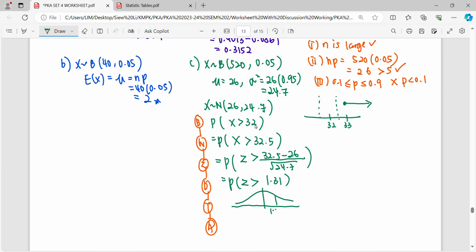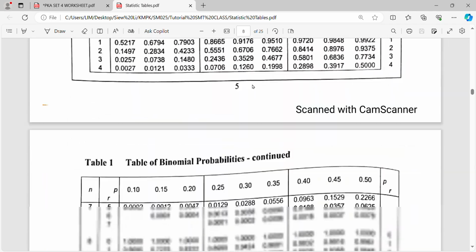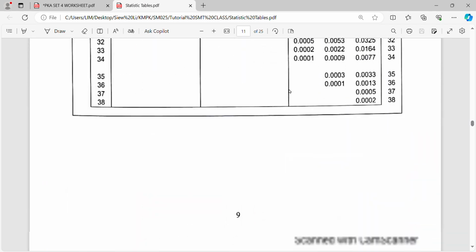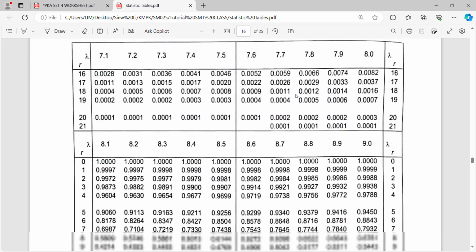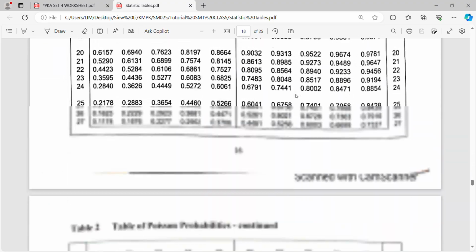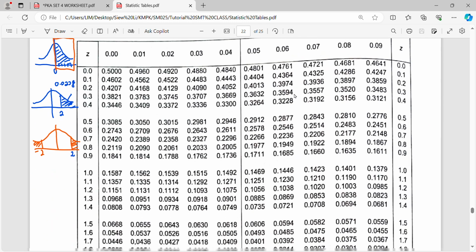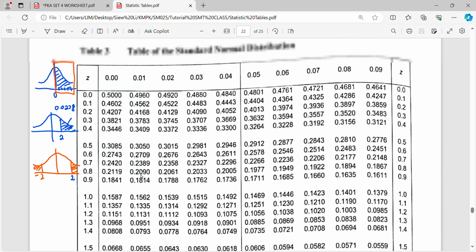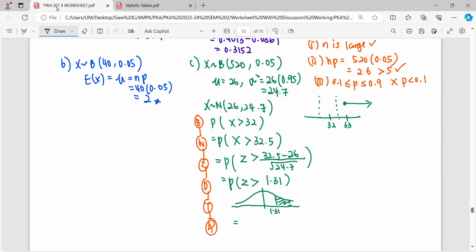So 1.31, we can read it directly in the normal table because it's already the right tail table. So it will be 0.951.